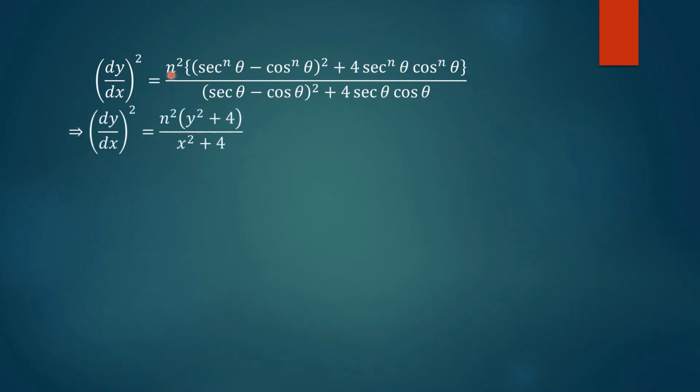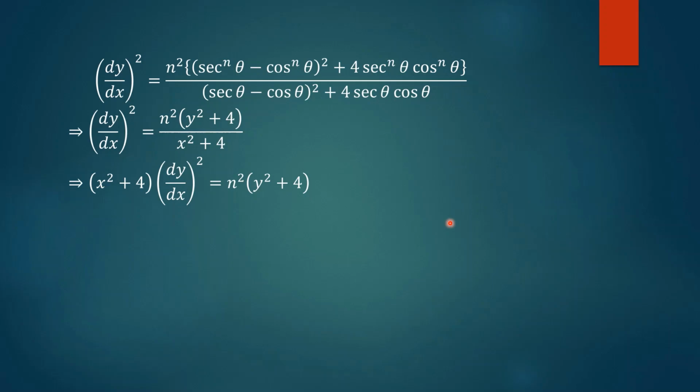You see, n square remaining same. This is y square plus sec power n into cos power n. Sec power n means 1 by cos power n. So cos power n cancels, simply 4 will remain there. And here also sec is 1 by cos, cos and cos will cancel, it is simply 4. Then just take the cross product here. So this is the first part of the solution.